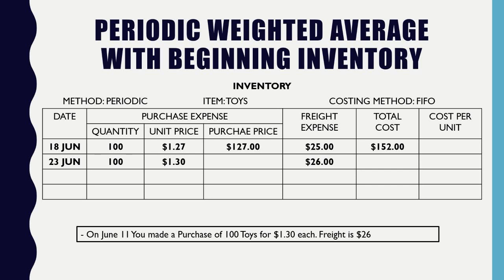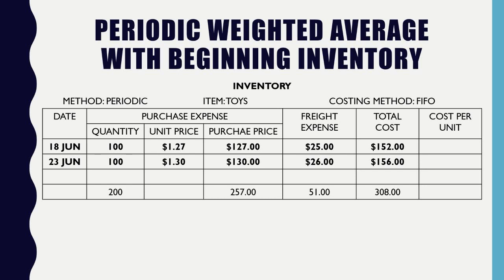Okay? So right now I just purchased another 100 units at $1.30, right? Plus 26 gives you 156. So once again, you need to now solve for your total costs here. So again, you purchased a total 200 units at a grand total cost of 208.